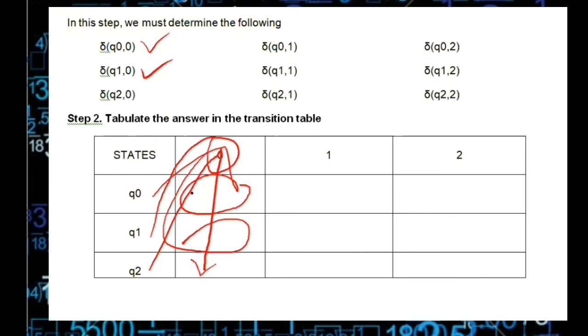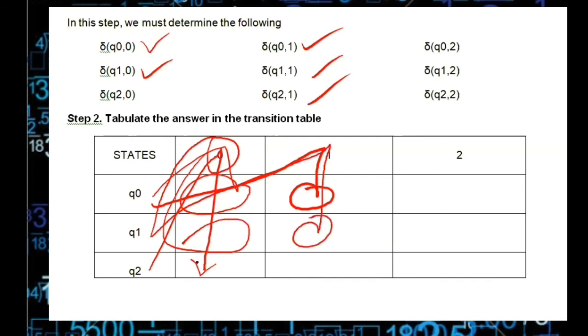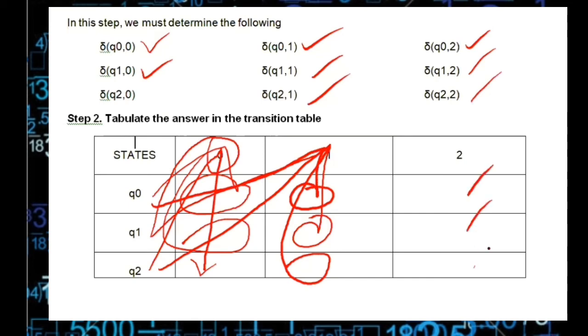Next, Q0 pag nag-input ka ng 1, from Q1 input ka ng 1, at Q2 pag nag-input ka ng 1. And then lastly, pag nag-input ka ng 2, from Q0, saan ka mapupunta? Q1, then Q2. Ayan ang ating gagawin.